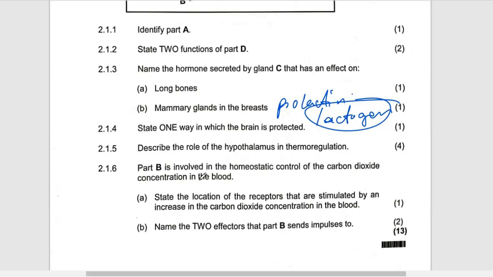So when it sends the impulse to the blood vessel, it will depend on whether the blood vessel will constrict or it will dilate. Because they said thermoregulation. They didn't say that in cold conditions or in hot conditions. So it sends the impulse to the blood vessels, which will either constrict or dilate.